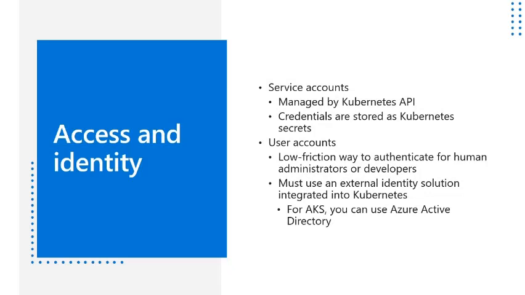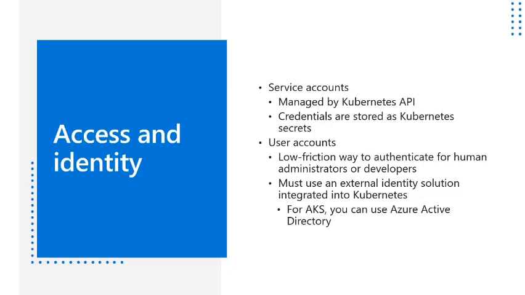As I said, normal user accounts allow more traditional access for human administrators or developers, not just services and processes. Kubernetes itself does not provide an identity management solution where regular accounts and passwords are stored. Instead, external identity solutions can be integrated into Kubernetes.